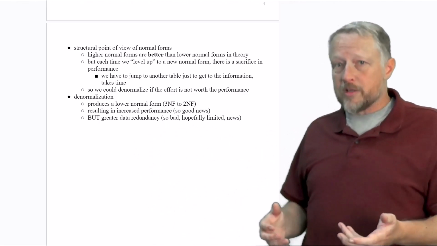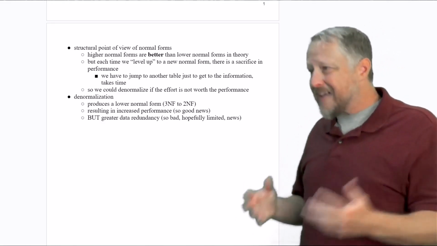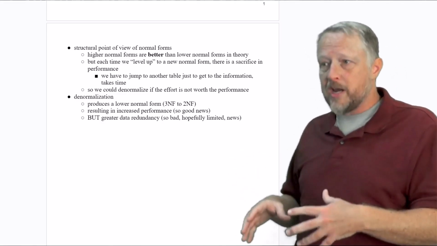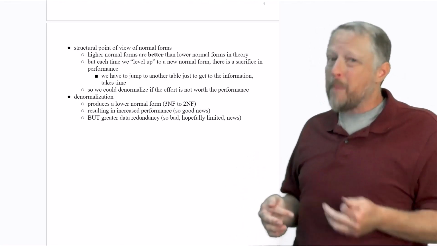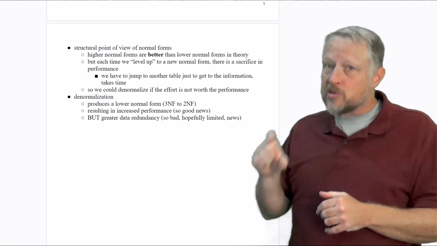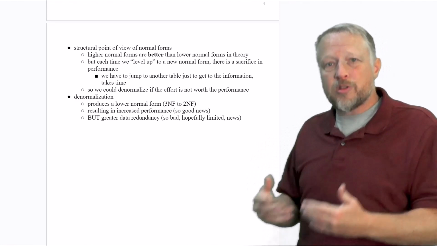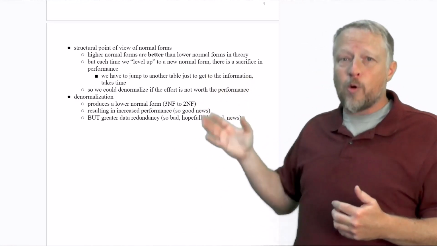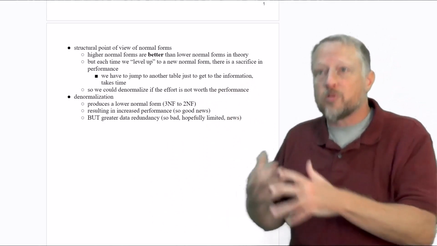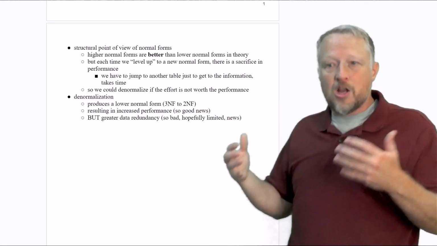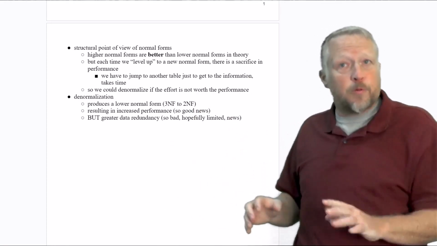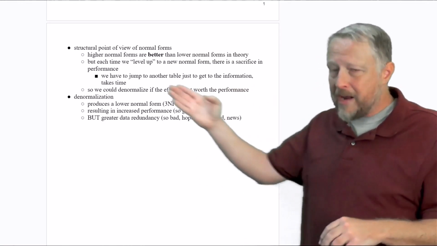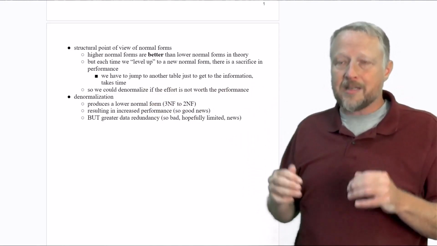That's a performance issue. That's similarly going to happen when we do normalization, as we probably start adding some extra and smaller tables to make sure that we have the consistency that we really want. I am going through more tables. I am searching through more tables just to get the darn thing done. That's a performance issue. It's going to get the information, but it is going to take time.